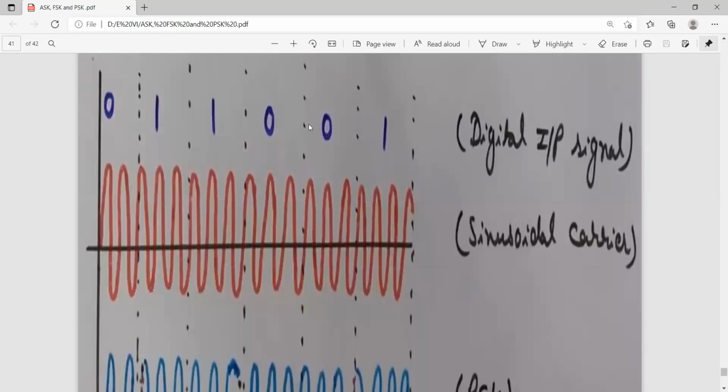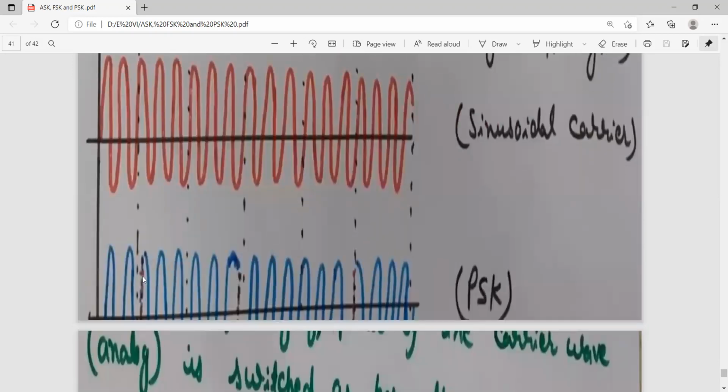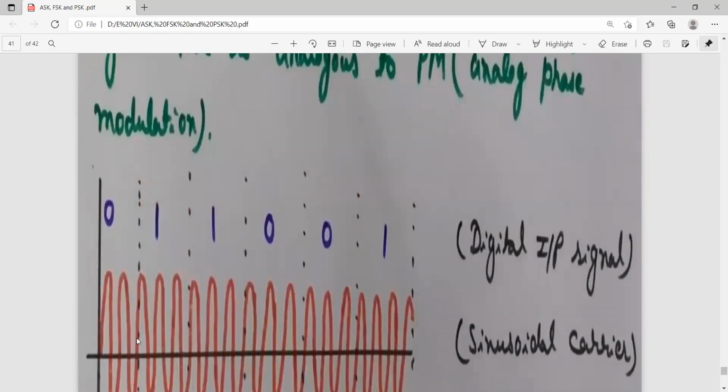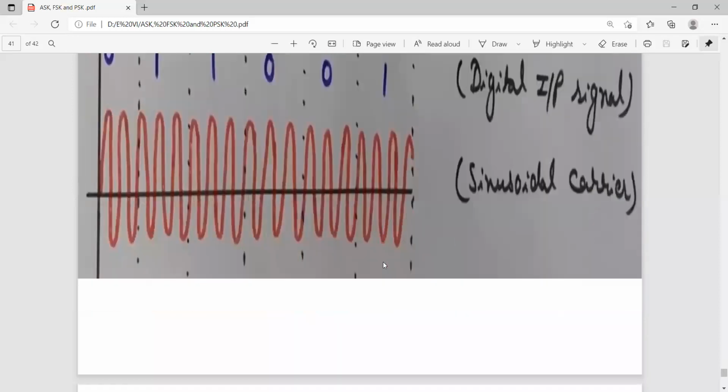So here it is the binary input. This is your sinusoidal waveform. Here for 0 to 1, there is a phase change. Again, here there is no need of any phase change, but here 1 to 0, there is a phase change. These two, no need of any phase change. For 0 to 1, there is a change of phase.